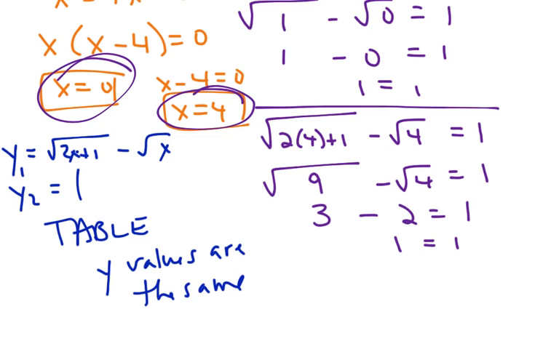And then if you look at x equals 4, you'll notice both the y values were 1 again. They were both the same, and that's how you know that's where they intersect. So you may want to try it out algebraically, but also try it out graphically on your calculator.